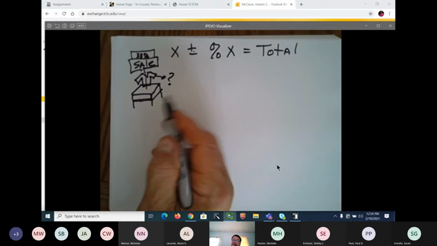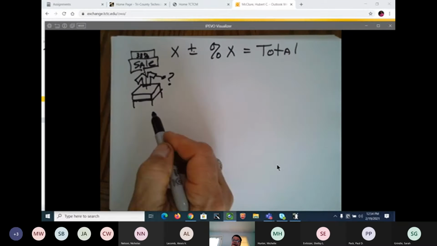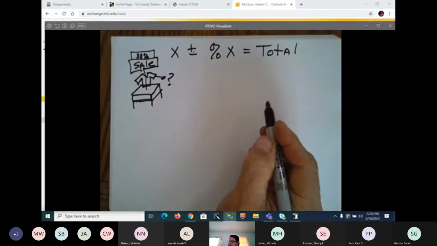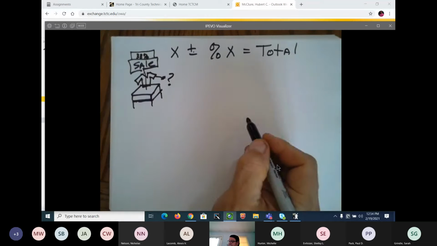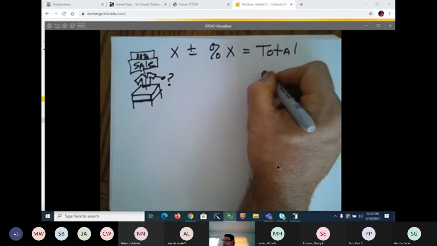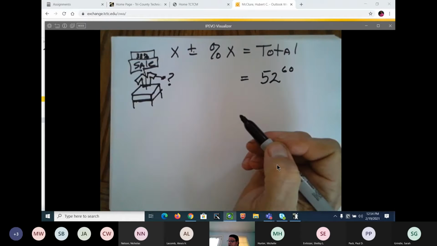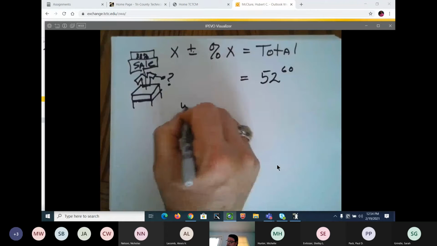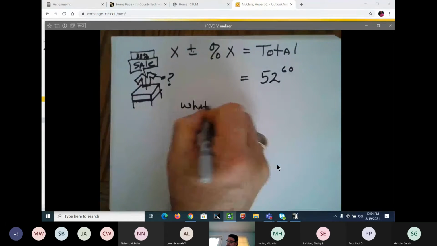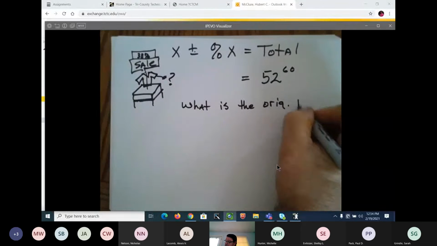How much is it? And she says, well, the total price would be $52.60. That's what you would pay for it, at 33% off. So what is the original price?